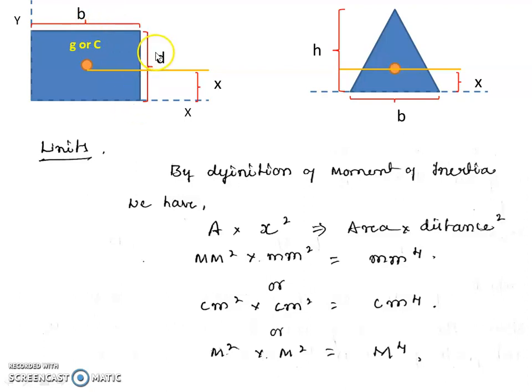Similarly, the depth is also measured in millimeter, centimeter or meters. So, area is breadth multiplied by depth, millimeter multiplied by one more millimeter, that is millimeter square. Area will be in millimeter square.